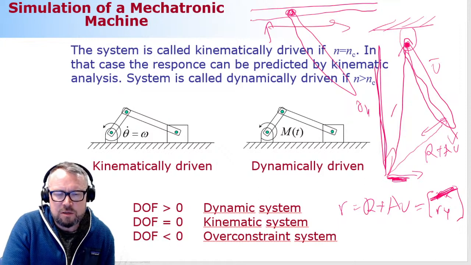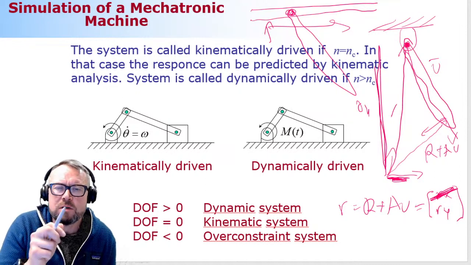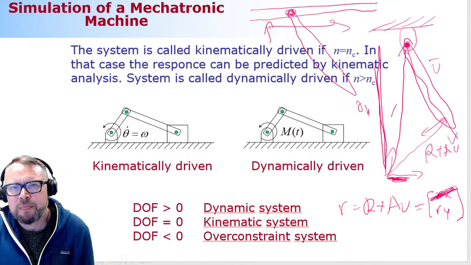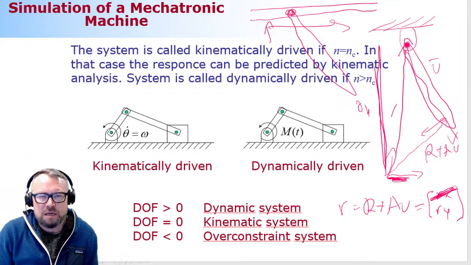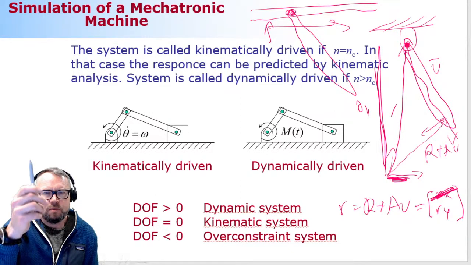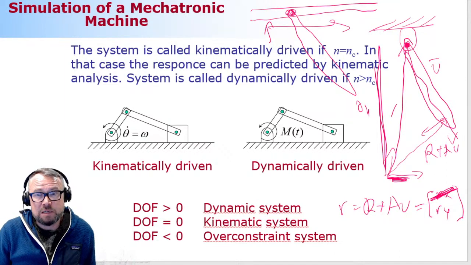It can still translate in this direction, it can still rotate. So it depends on how many degrees of freedom you're plucking away or eliminating from your system. And the revolute joint is eliminating two motions because it eliminates the motion in the global x and y direction and relative motion between the two bodies. They cannot separate from this point anymore. That's what it is.